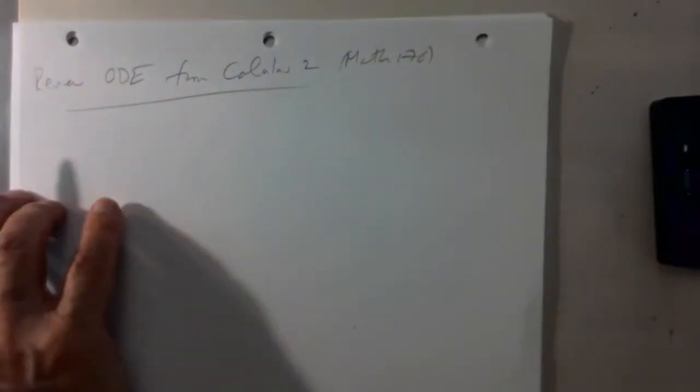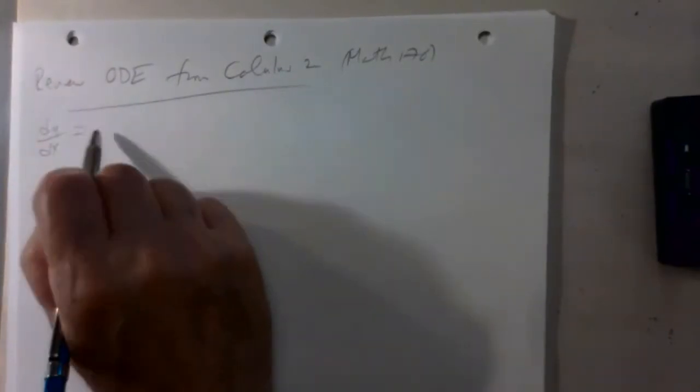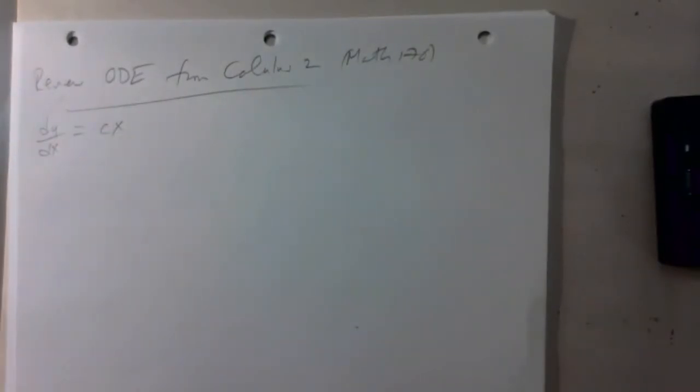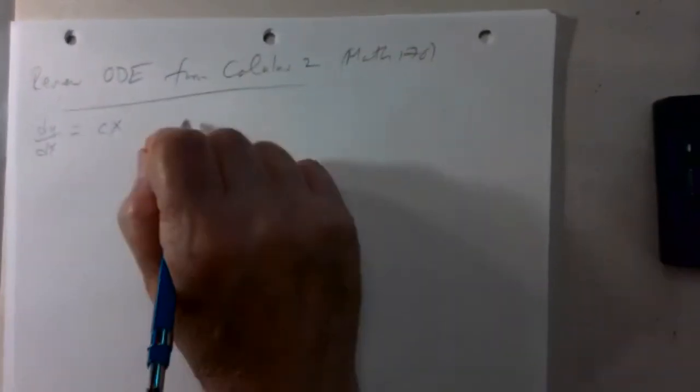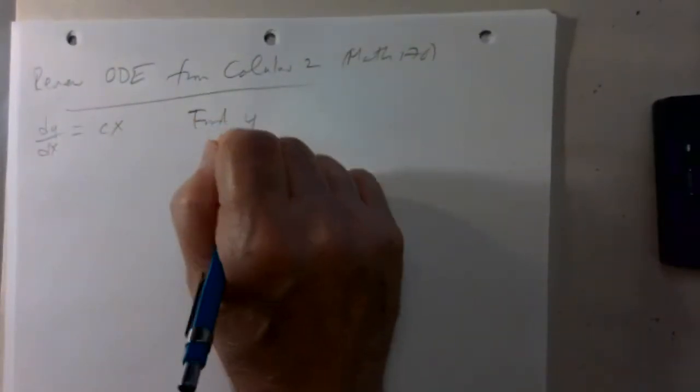So there were 2 types of ordinary differential equations that were considered. So in this ordinary differential equation, y is a function of x, and a typical differential equation would be of the form dy dx equals some constant times x. Find y.